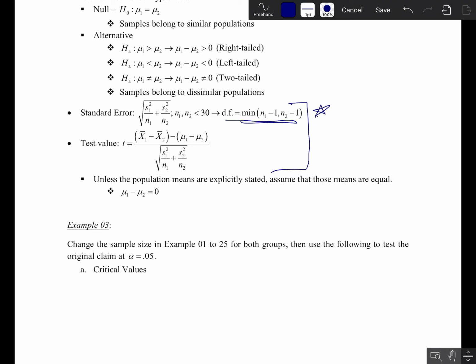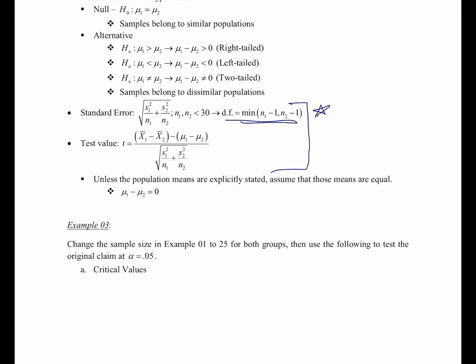And in both cases, I'm computing the number of degrees of freedom in the usual way, which is the sample size minus 1. So the 2 degrees of freedom that I would get from those two samples would be 9 and 19, and the smaller of those is going to be the degrees of freedom that I use in the table. So in that example, I would be looking up 9 as my number of degrees of freedom.